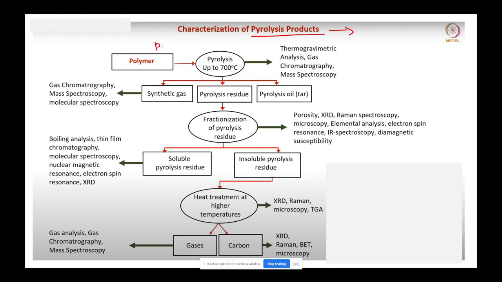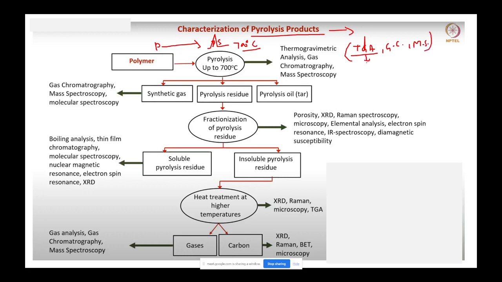This polymer will go for pyrolysis. Here they are giving the temperature up to 700 degrees centigrade. Then thermogravimetry: as TGA, thermogravimetric analysis, gas chromatography, mass spectroscopy.